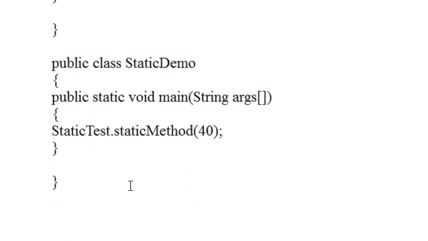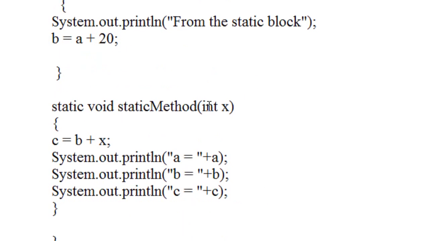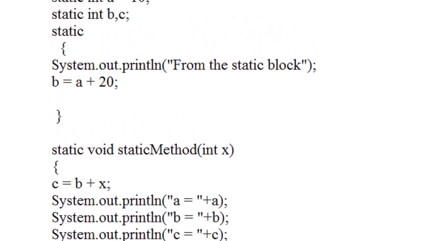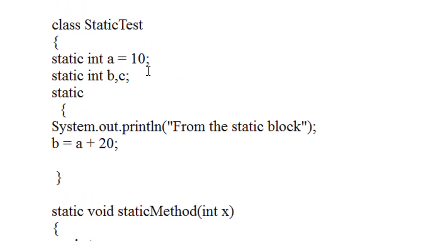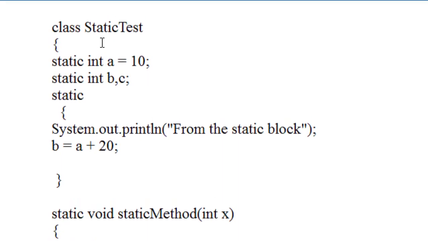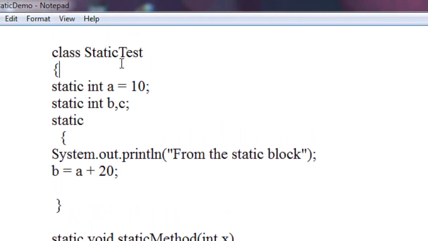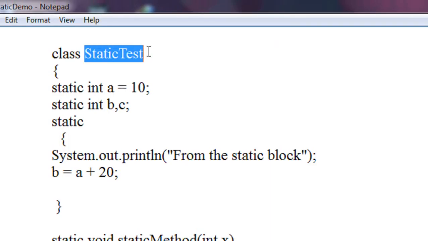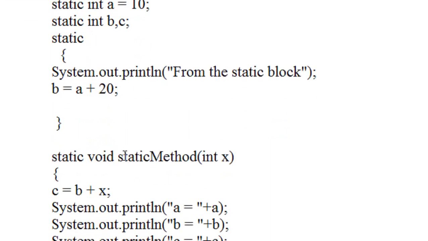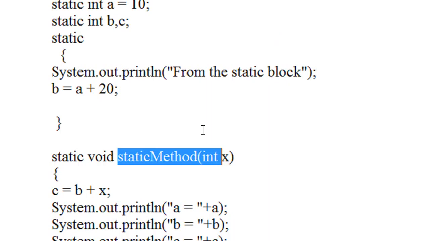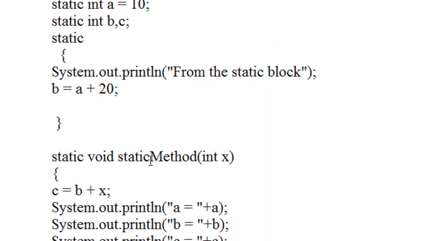So this is the rule. Whenever a static method or static variable is present inside a class, all the instances of that class share a single value for that static variable. So it is possible to invoke a static method by using just the name of that class. Here the name of this class is StaticTest. There is only one variable and one method called static method.